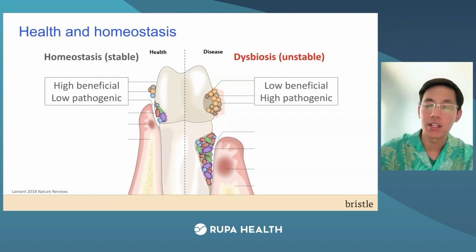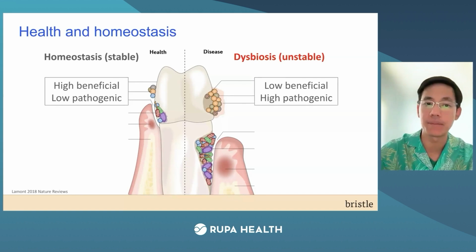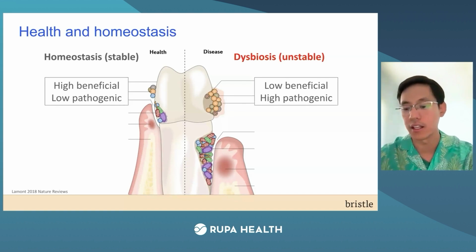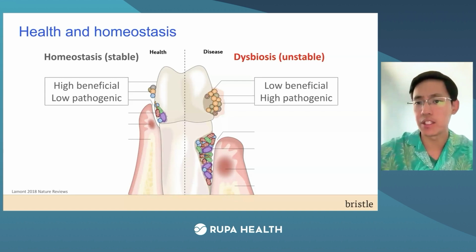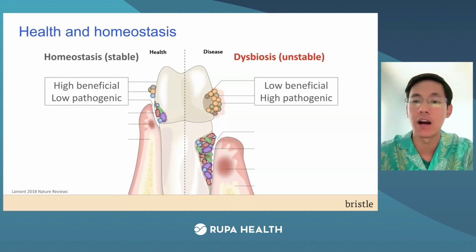But importantly, in homeostasis, on the left, you have a high abundance of beneficial bacteria that take up space, and then you have low levels of pathogenic bacteria. These pathogens are really important, and I'll reiterate this later on. On the right side, we have dysbiosis, an unstable community where low levels of beneficial bacteria allow the pathogens to outgrow, and these pathogens can then cause damage.